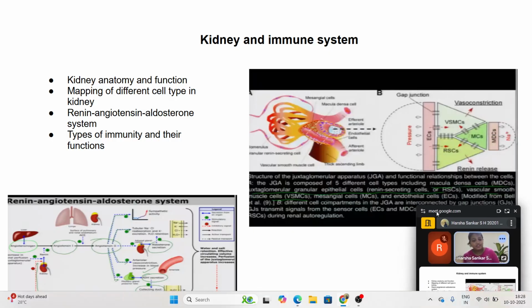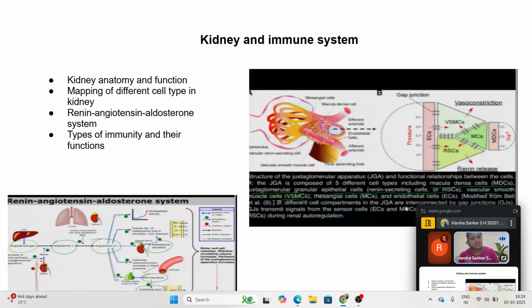And talking about the different types of cells, there is a juxtaglomerular apparatus present in this part, and we can see a lot of types of cells there, mainly five: macula densa, juxtaglomerular granular epithelial cells, which are the renin secreting cells, which secrete renin, involved in blood pressure regulation.